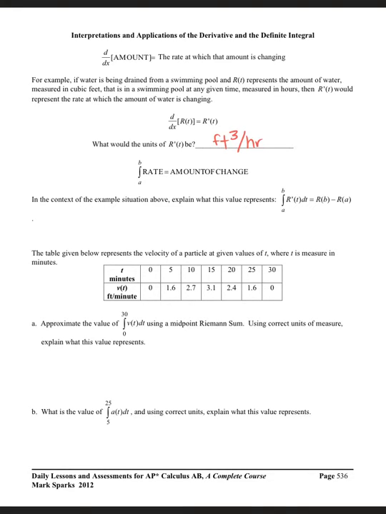The integral of the rate is the amount of change. So in the context of the example situation above, explain what this value represents if we integrate R prime of t. If R prime is the rate at which the amount of water is changing, then to take the integral of that is the amount of water that's actually in the swimming pool.